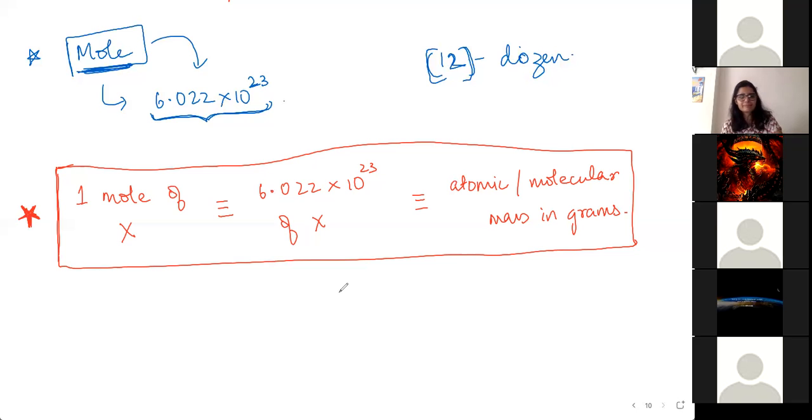Ma'am, done. Okay. So what this means is, if I take carbon, for example, if I have 1 mole of carbon atoms, let's say I took one box which is full of carbon, and I'm saying in this box I have 1 mole of carbon atoms.